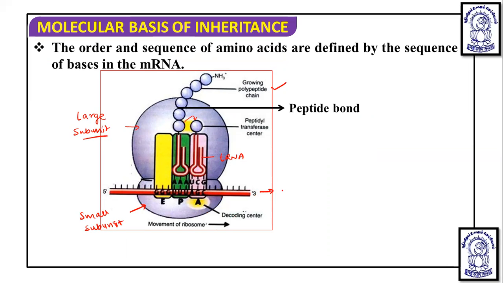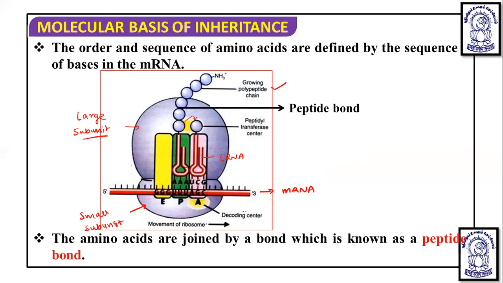This is mRNA. In such a way the whole complex is formed, where according to the codon on the mRNA, the charged tRNA will come with the particular amino acid, and the amino acids keep on adding. How the process goes on, we will discuss in the later part.